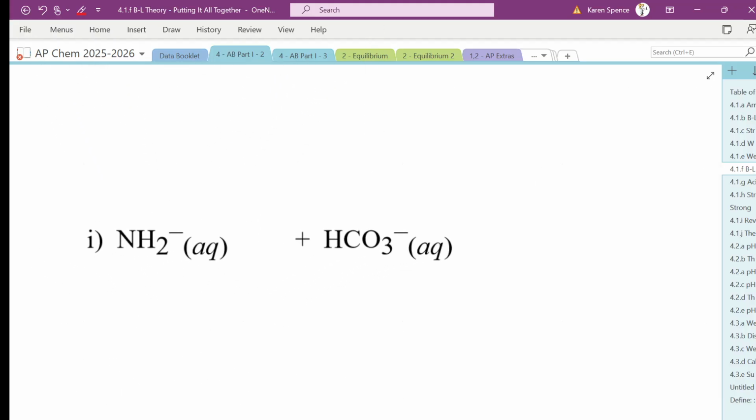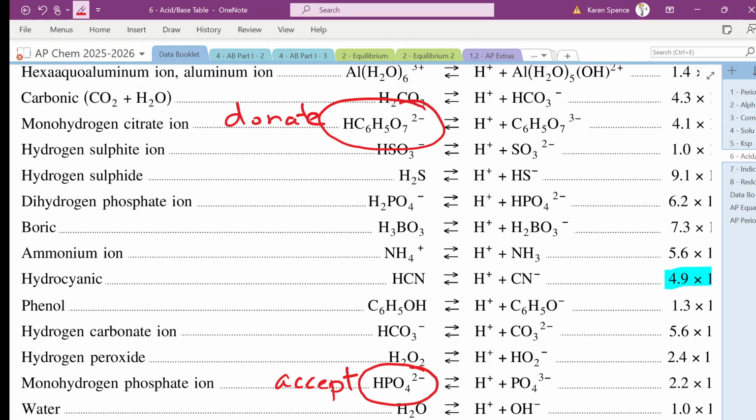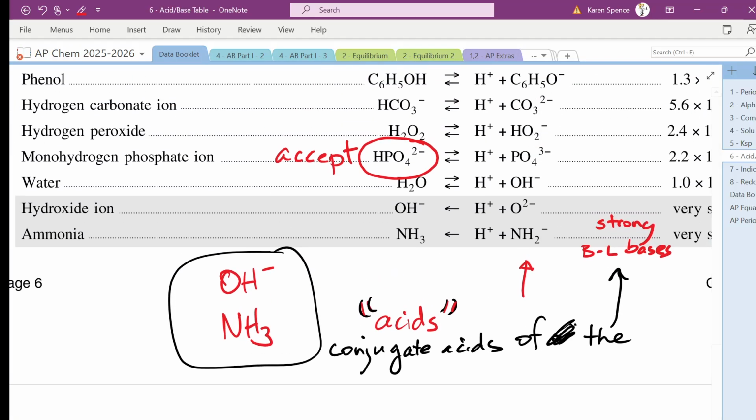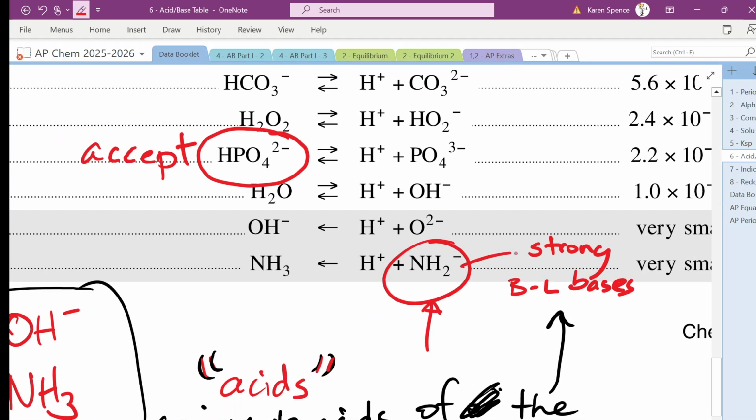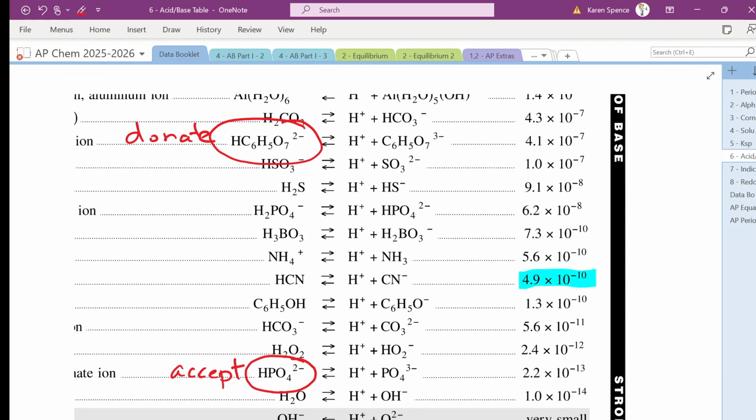6I. Okay, so we have NH2 minus, which is a strong base. Okay, we go back here and we say, oh, where's NH2 minus? There it is right there, strong base. I was looking on this question, and I'm trying to find on the other side, like I found HCO2 minus.